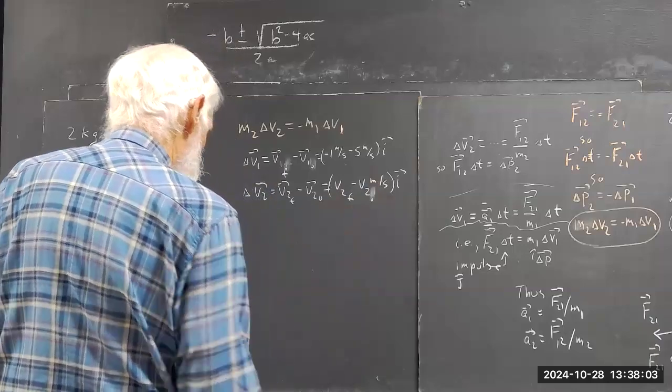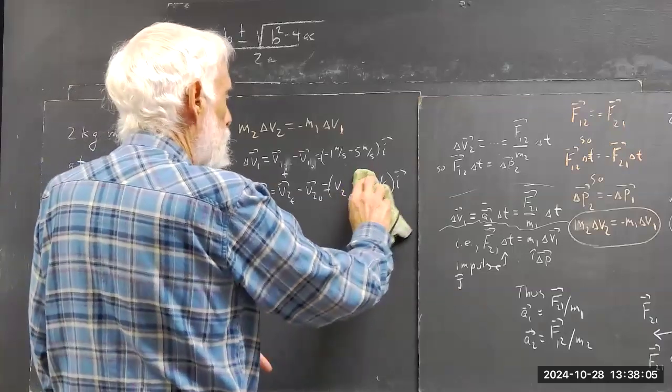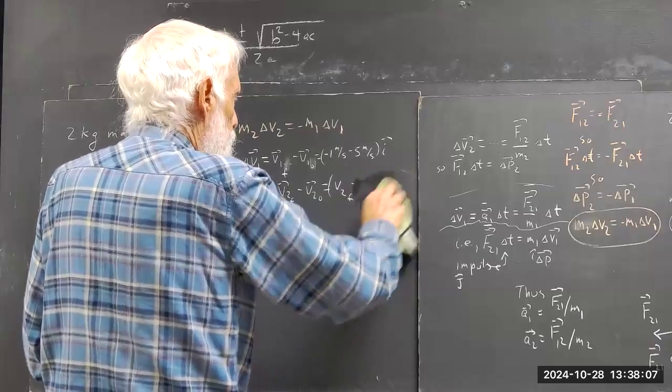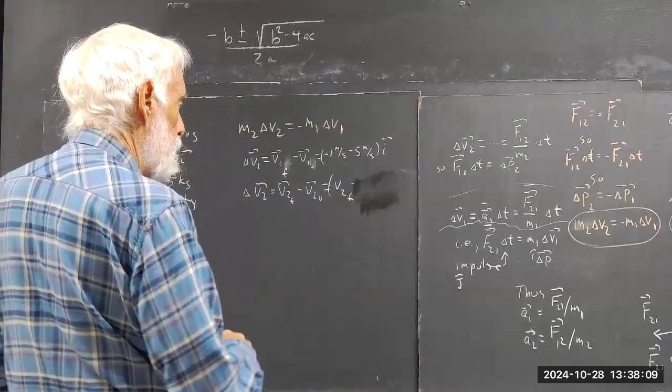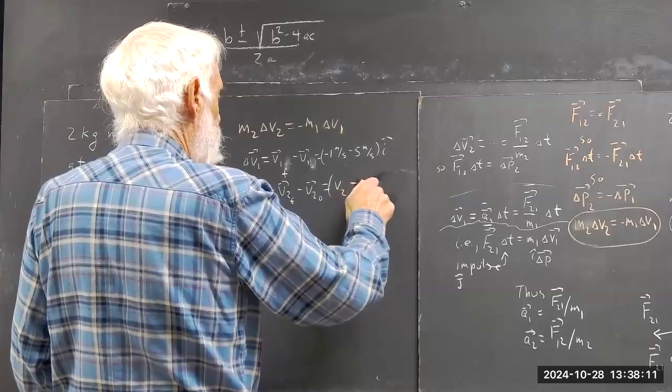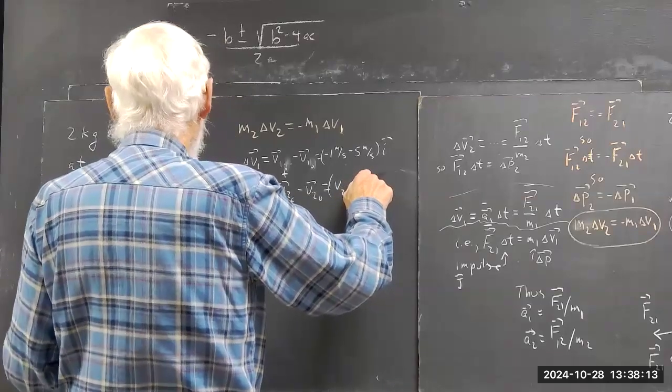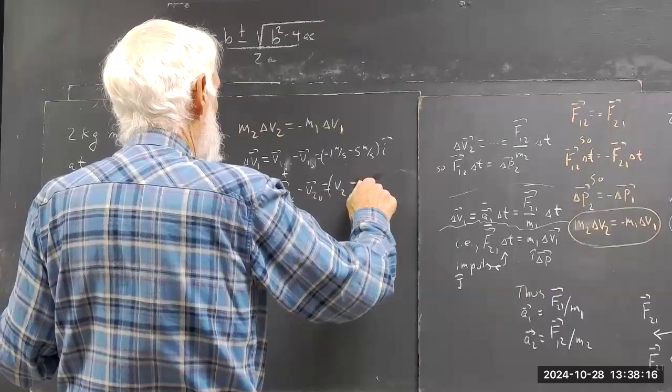And we know V2 naught, so why did I even write that? It was originally at -2 meters per second.